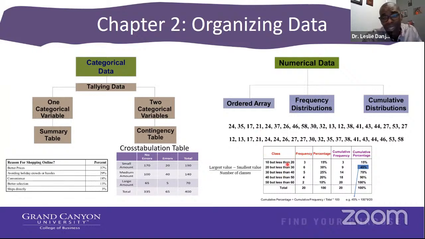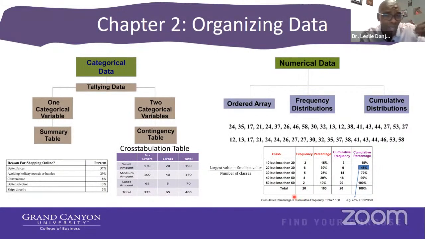We put everything into classes, and now we can understand what shows up in that class, what frequency shows up, how many numbers show up in that class. In this example, it's 3. Cool, cool. How much in 20 to 30? 6. Once we get all of our frequencies, y'all, please make sure that you add up the totals. Totals are vital within business statistics. Why?